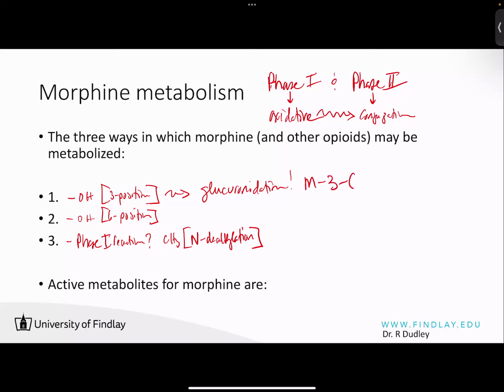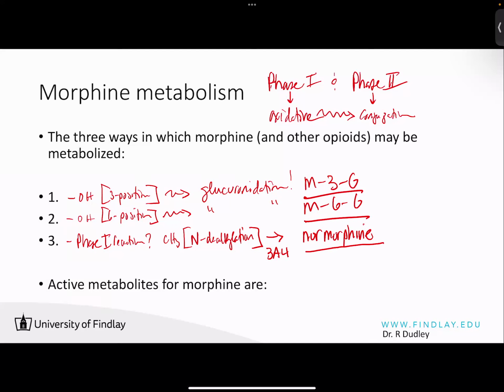Morphine 3 glucuronide. Same thing at the 6 position to arrive at morphine 6 glucuronide. And then N-dealkylation catalyzed by CYP3A4, you're going to end up with normorphine, right?